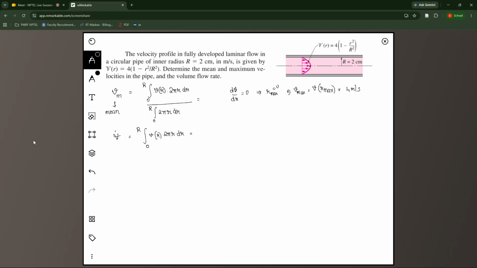So I got this value. Okay, I can calculate this here. So Vm is basically integral 0 to r.